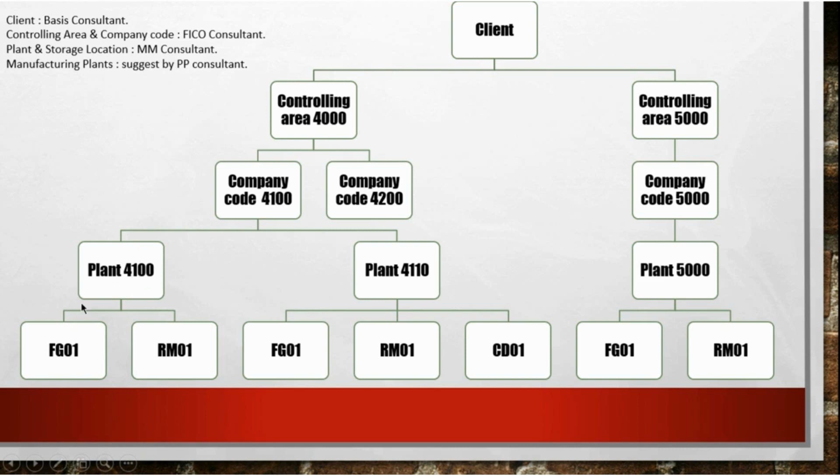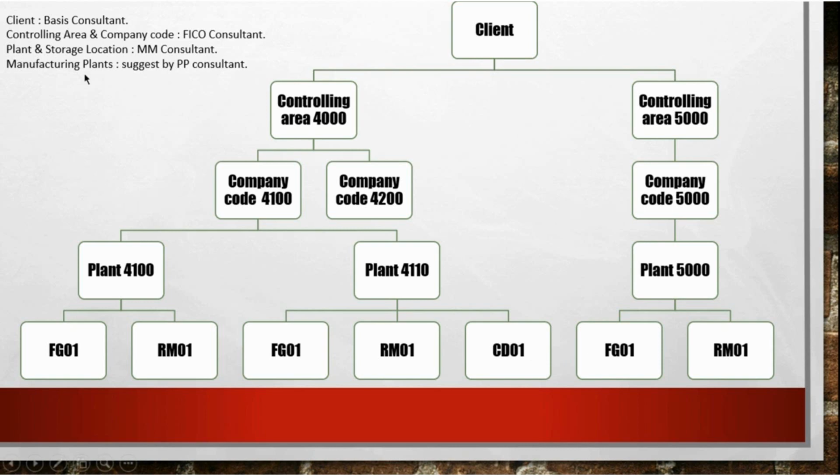You can take 4100 here, 4200. Here no plants are there under this company code, but just for the example I have considered it here. 4110 is the other plant. If you come to the storage locations, FG01, RM01, for FG and RM, CD01, FG01 and RM01. This is the org structure of SAP.